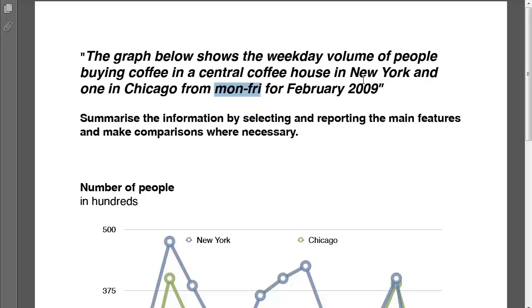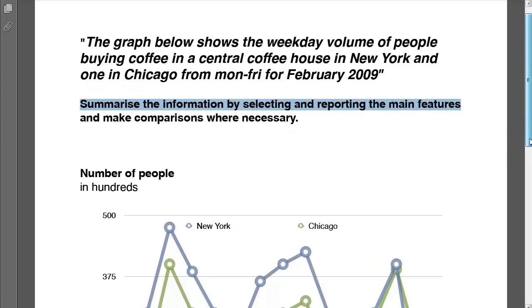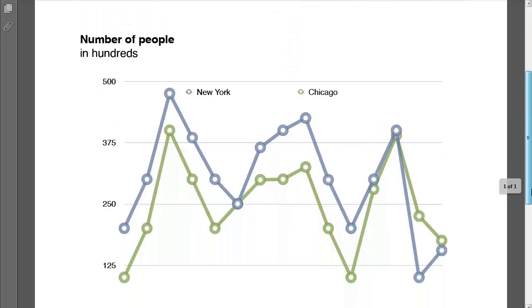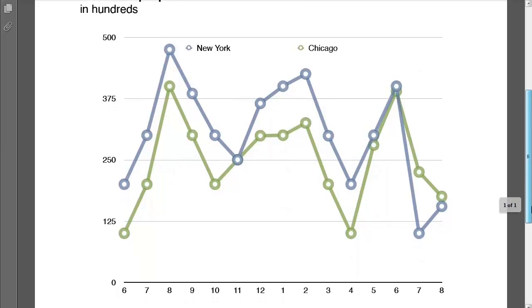Now, in our second paragraph, we're going to select and report the main features, as it says here. This is what we're going to do in our second paragraph after the introduction. Nothing complicated.